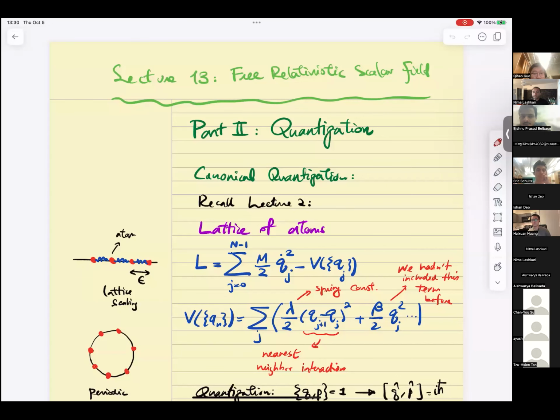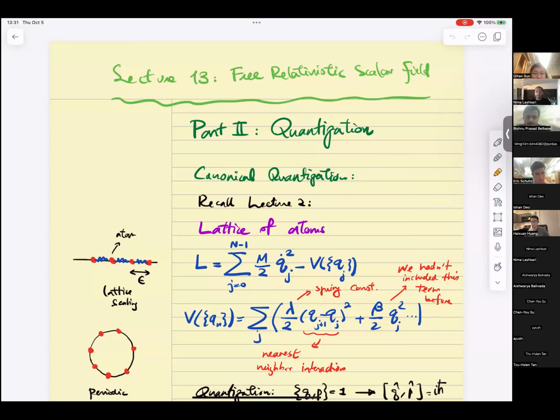All right. Okay, so today we're going to be starting part 2 of the course. And we're going to be quantizing quantum field theory. So we're going to be quantizing field theory and discussing quantization.